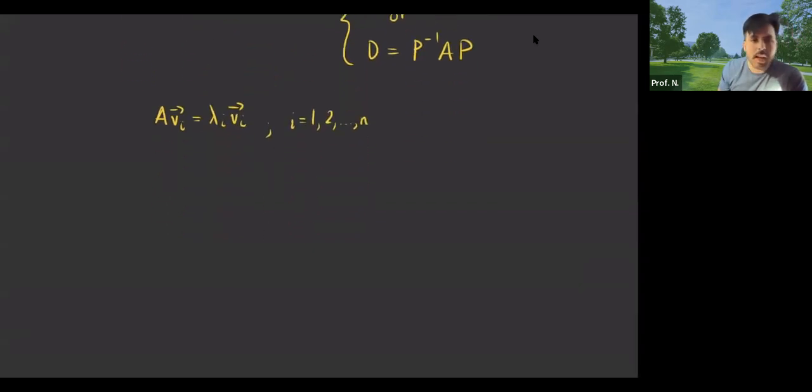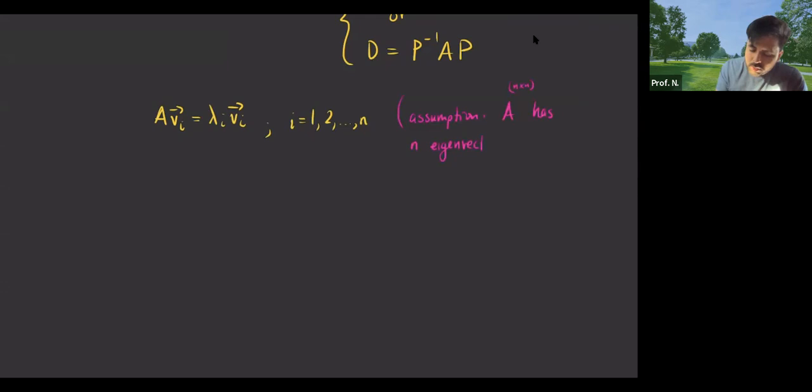So this is saying that I am taking every eigenvector that exists, and I'm assuming that this is diagonalizable. So the assumption is that A has n eigenvectors, and A is an n by n matrix.